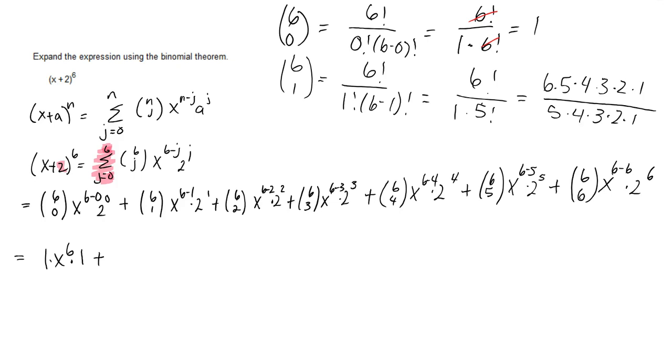A bunch of factors cancel out, so this simplifies to just 6. So we have 6 times x to the 5th power times 2.